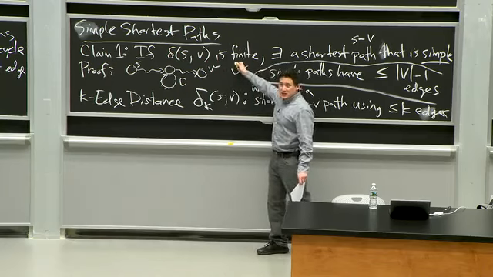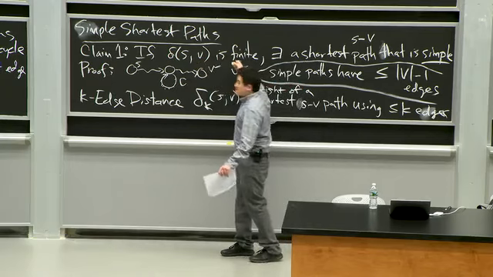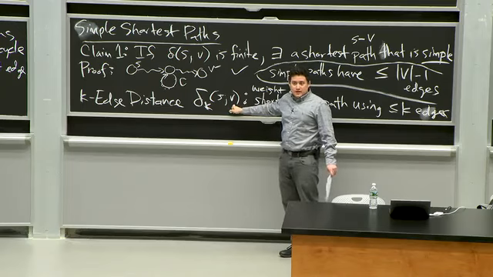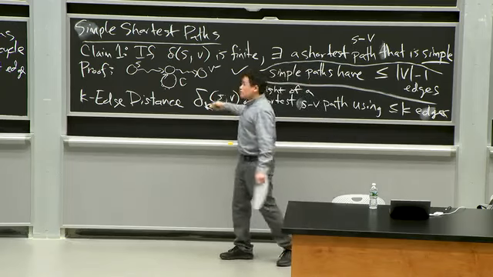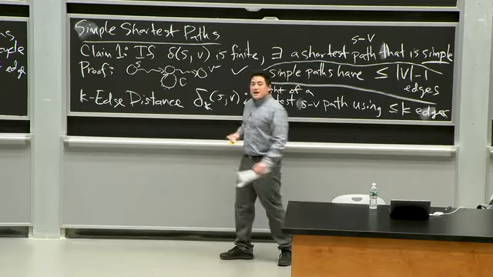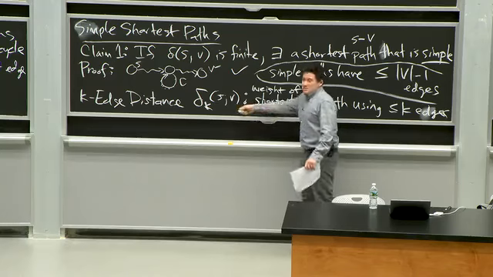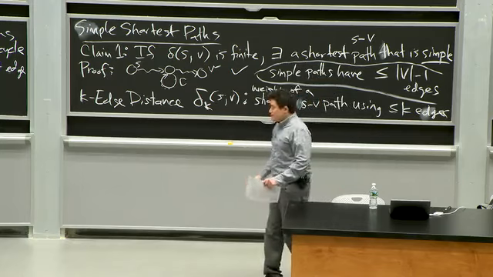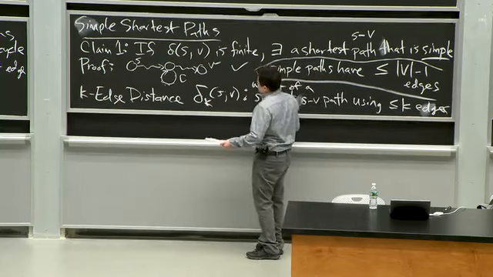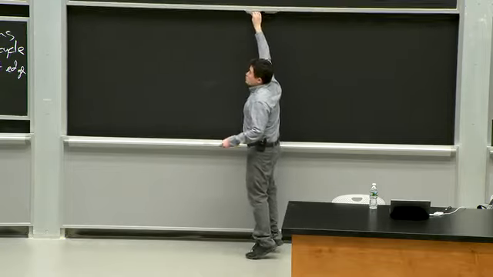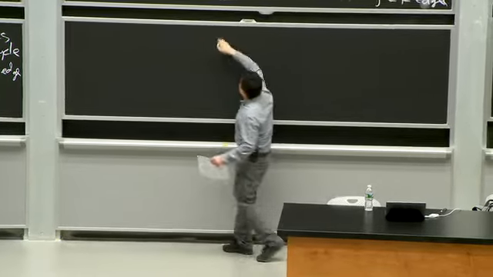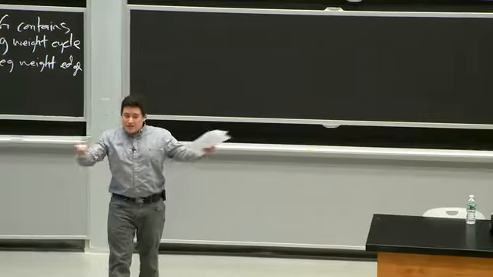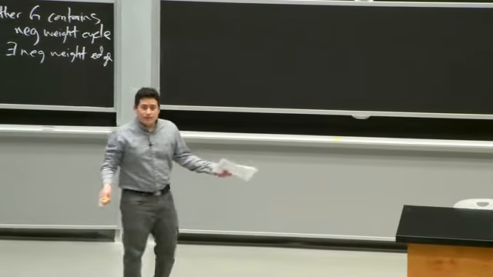If the shortest path distance is minus infinity, it doesn't say anything about what this is. It just says the shortest path using at most V minus 1 edges would be whatever this is. But really, the shortest path length needs to consider an infinite number of edges, so it doesn't really tell us much about that. But for the finite ones, it does. It works well. And so if we were able to compute this thing for k equals V minus 1 in a graph that doesn't contain negative weight cycles, we'd be done, right?